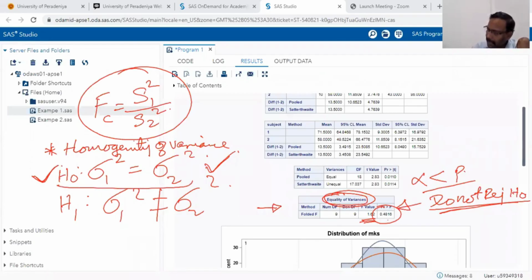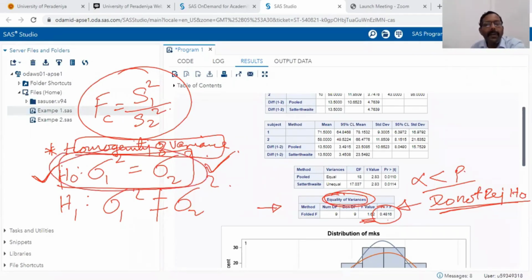If we accept our null hypothesis, we can assume that there is homogeneity of variance. So we could say our pooled t-test is valid. So we can continue with our pooled t-test, reading, explaining or concluding. Our pooled t-test would still be valid because we are not rejecting our null hypothesis, homogeneity of variance.